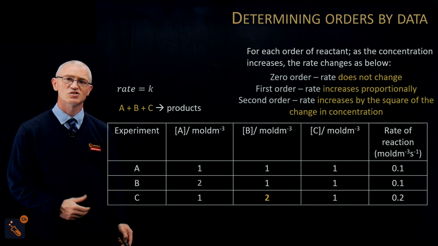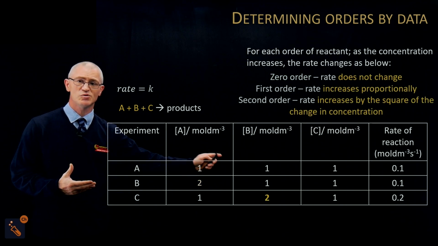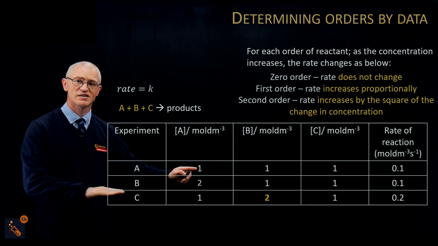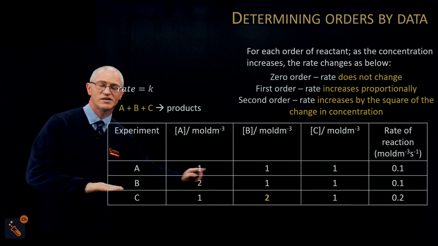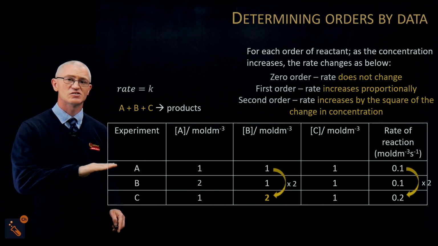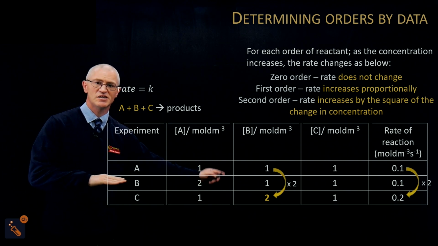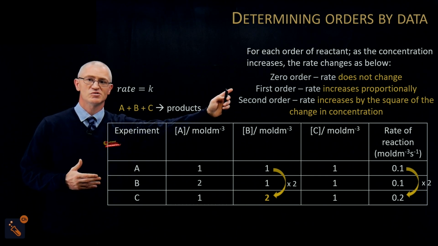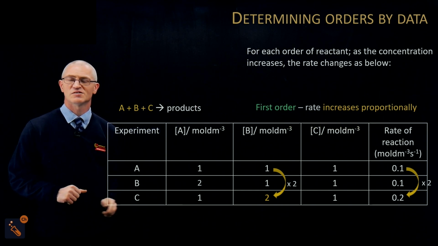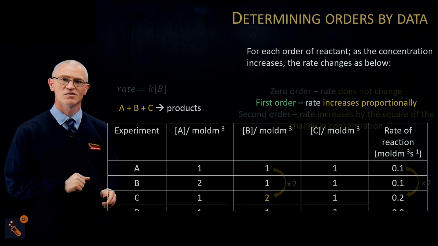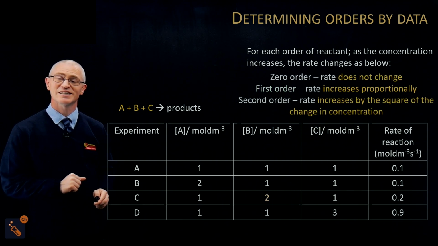We then move to B. We've doubled B, and we're going to compare A to C, because that has two of the reactants exactly the same, and just one has changed. So 0.1 has gone to 0.2. As I've doubled B, I've doubled the rate of reaction. That's a proportional relationship, which means it's a first order reactant, which means it's included in my rate equation.